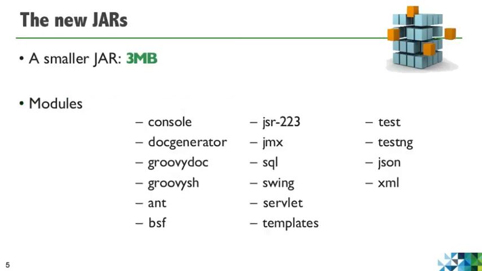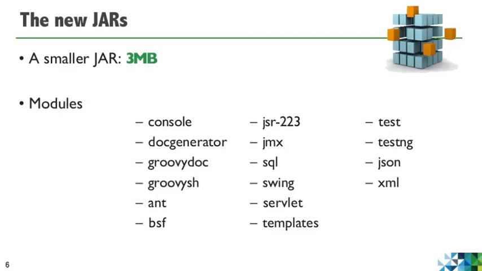So you can still use the Groovy all jar containing everything, so you don't necessarily have to change anything in your POM file if you're using Maven or in your Gradle dependencies. You can stick with the same jar, but if you want, you can specify each individual jar.